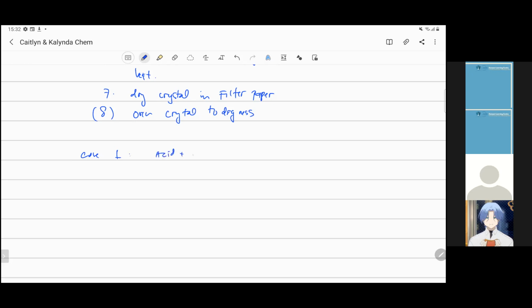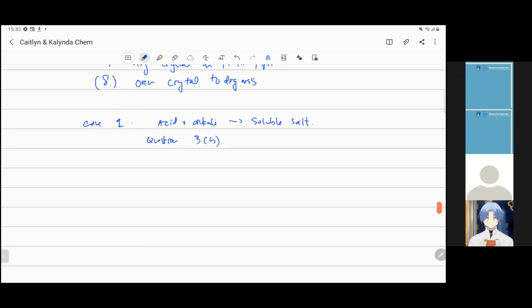Acid plus alkali makes soluble salt. This is question 3B. Okay.